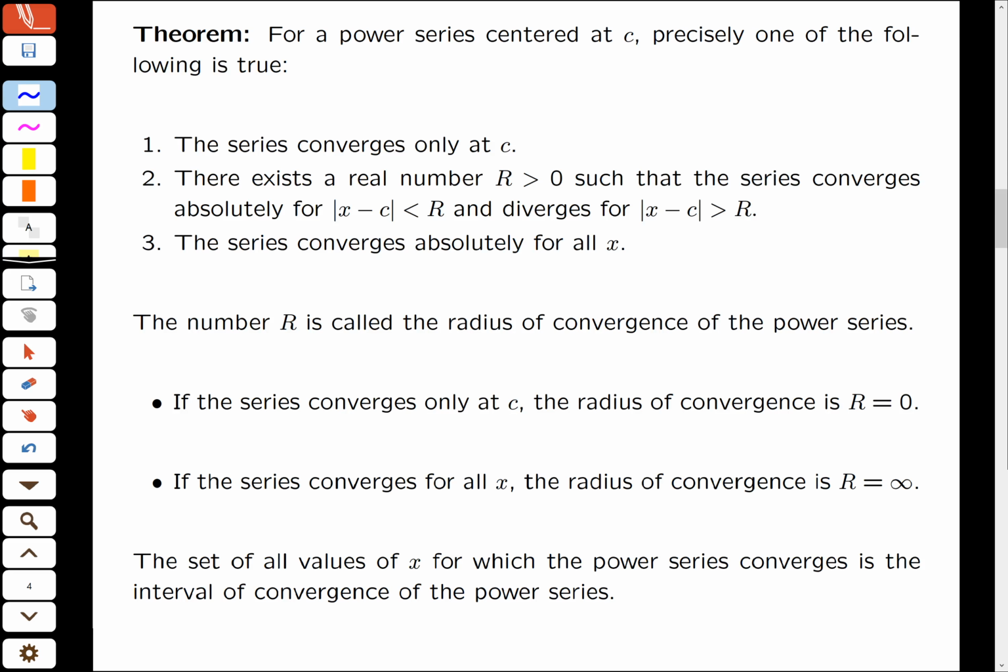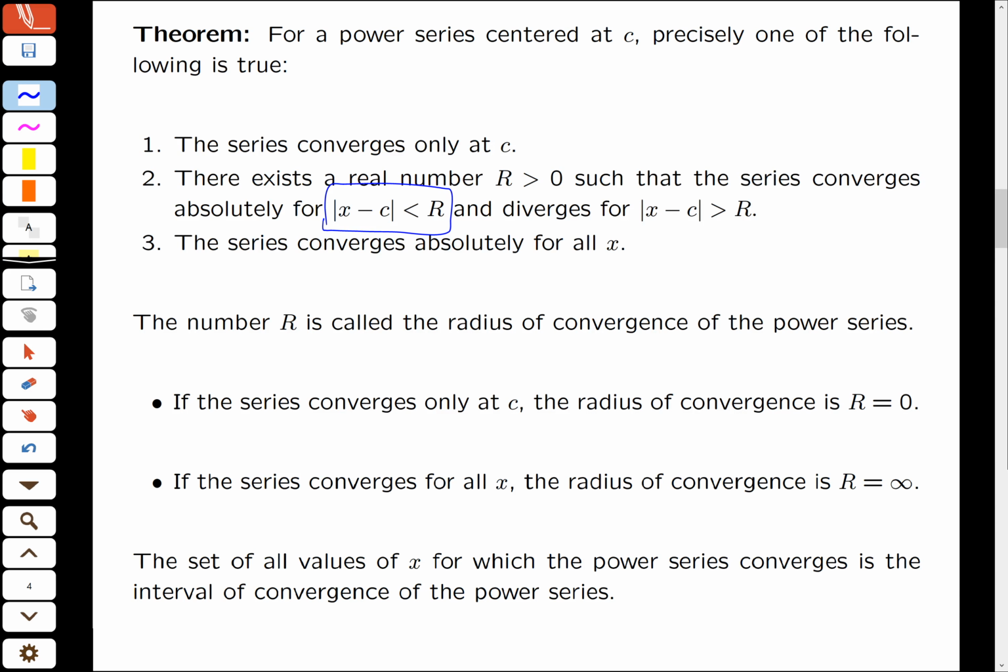Okay, so our theorem for a power series centered at c, precisely one of the following is true. The series converges only for that value of c, or there exists a real number r, so that the series converges absolutely for |x minus c| less than r, and this is the equation that we're actually going to end up solving for.